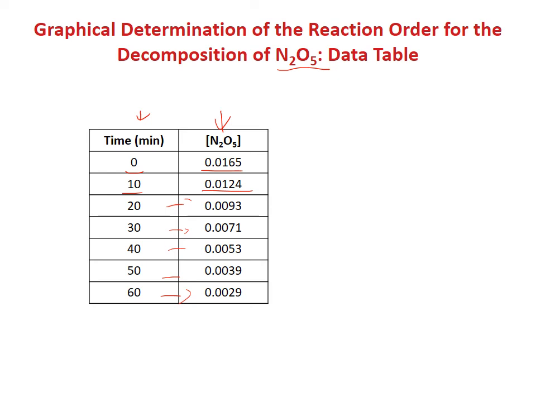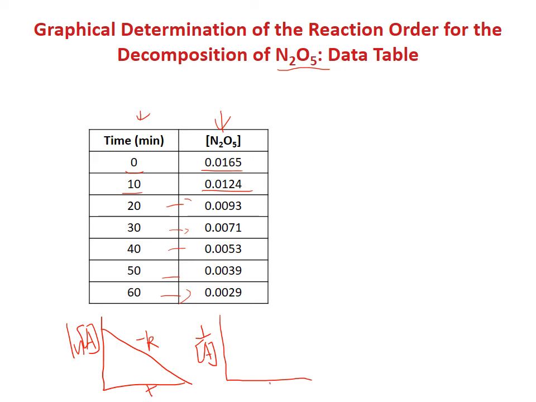In the last slide, we showed that if a reaction is a first order reaction, then we can plot ln A as a function of time. You should get a straight line, and the slope is negative k. But if it's a second order reaction, then it's the inverse concentration as a function of time. You get a straight line, and the slope is k. Now if it's a zero order reaction, we plot the concentration itself against time, and you get a straight line, slope is negative k.